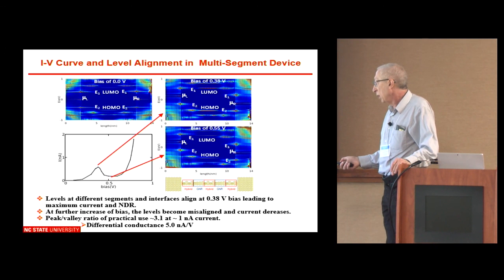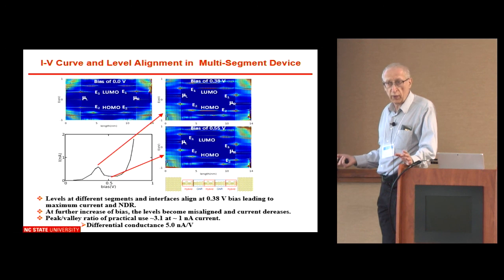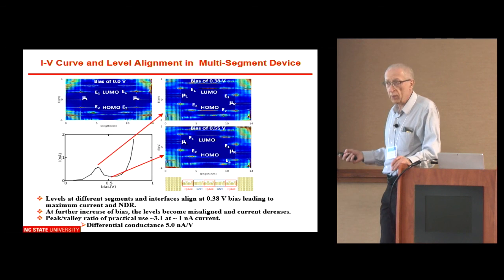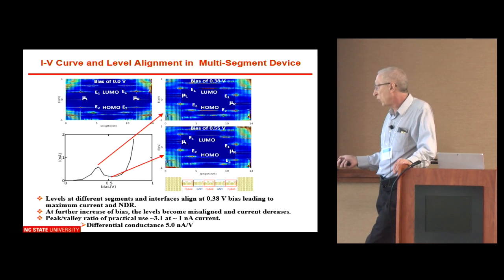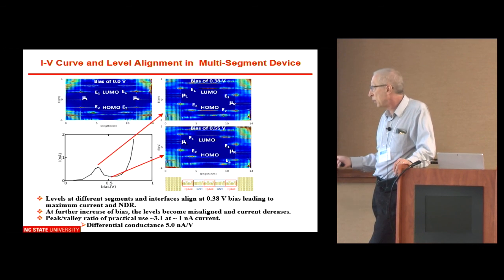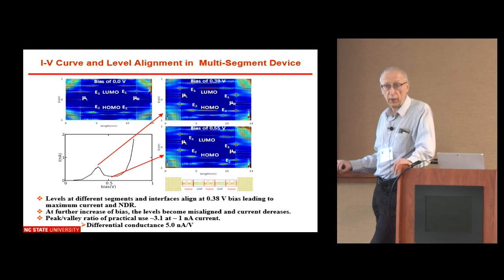We have a peak-to-valley ratio of 3.1, which is very good. You aim at greater than 2 or 3 is useful, actually. The currents stay close to 1 nanoamp, so it depends a little bit on the contact. And the differential conductance is fine.